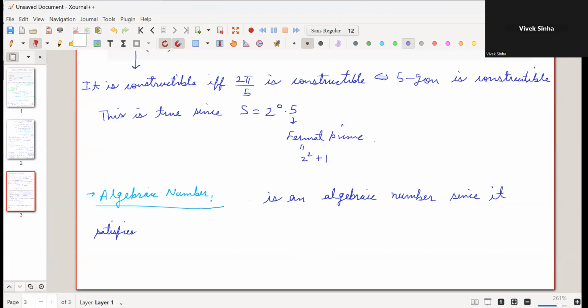So ξ3 is not a good example to take. Maybe we can take 2 raised to 1 by 3 or 3 raised to 1 by 3. Anything will work. It's an algebraic number since it satisfies x cube minus 2 over Q, right? And this polynomial is also irreducible by Eisenstein's criterion.